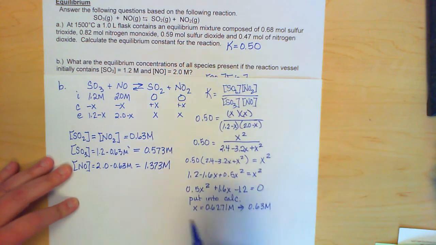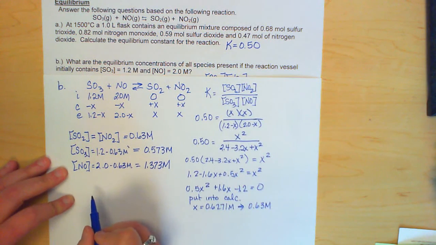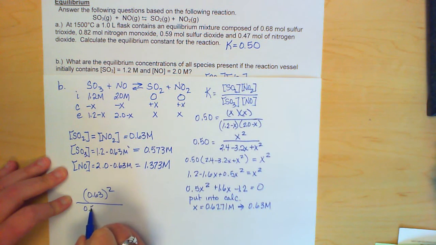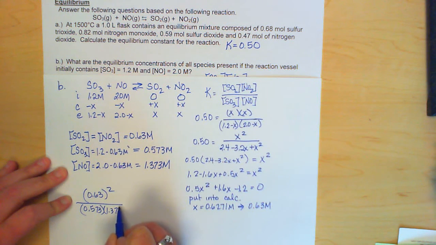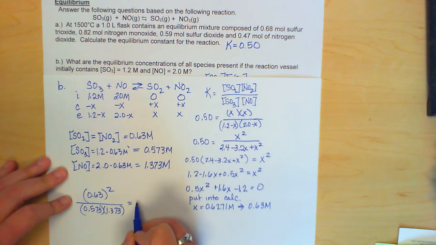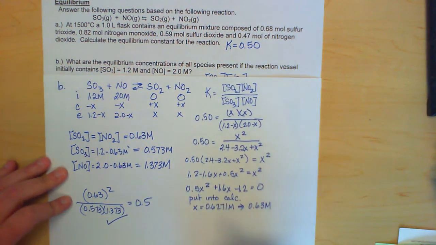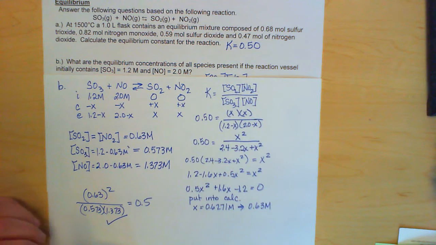Now, as a double check, you can take these values and say 0.63 squared divided by 0.573 times 1.373, and this should give you your K back, which is 0.5, and it does. So therefore, you've checked the problem, so you know you're correct. Now it's going to vary slightly, but it'll be the same value. So this is how you work a relatively simple equilibrium problem.